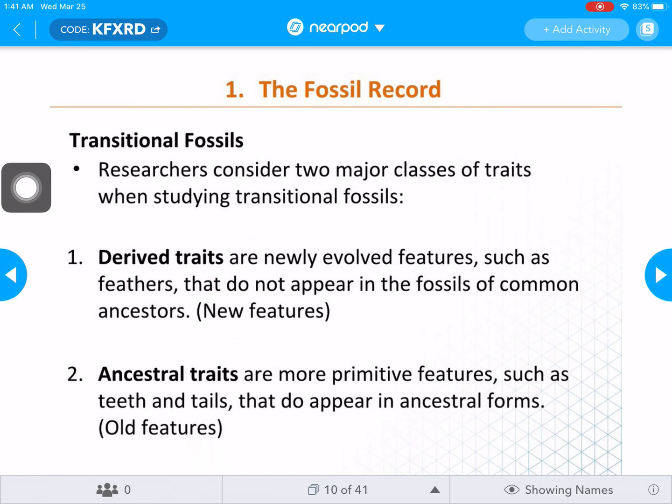Okay. Now, something you need to know when looking at any fossil, especially transitional fossils, are derived traits and ancestral traits. The word derived means that you somehow acquired this trait, right? So a derived trait is a newly evolved feature, such as feathers, that did not appear in the fossil records before this happened.